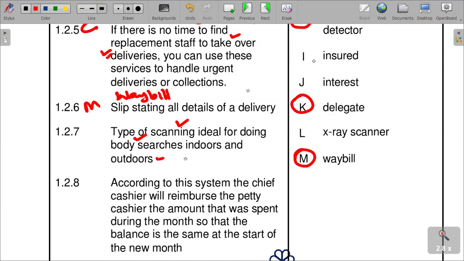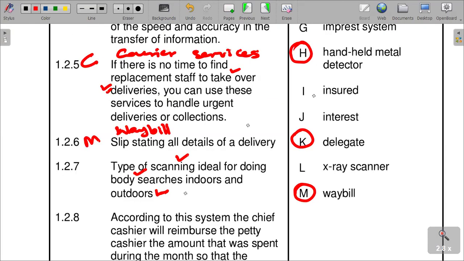It can also be used when people are boarding a bus, at ports and entry points. Even in organizations, when people are knocking off from work and want to go out, the handheld metal detector is the one that is used.